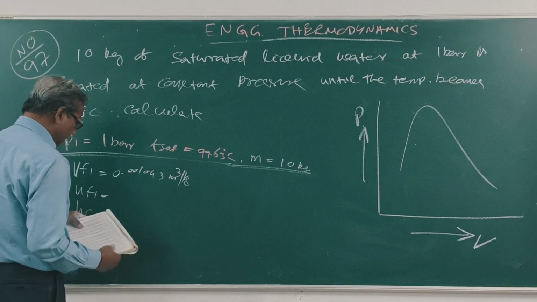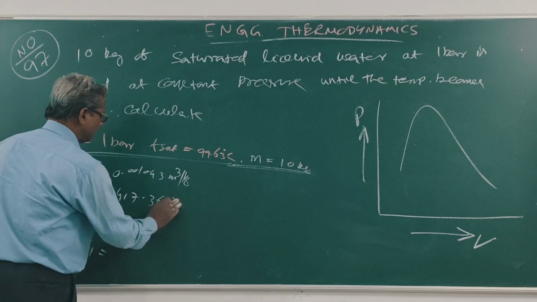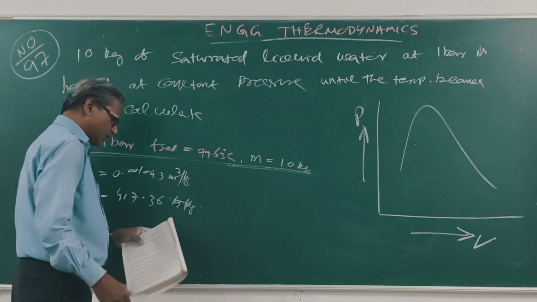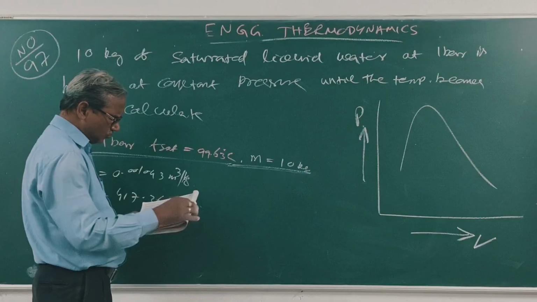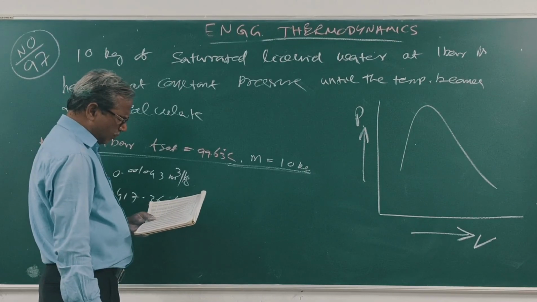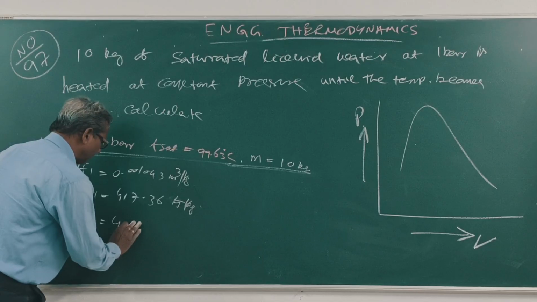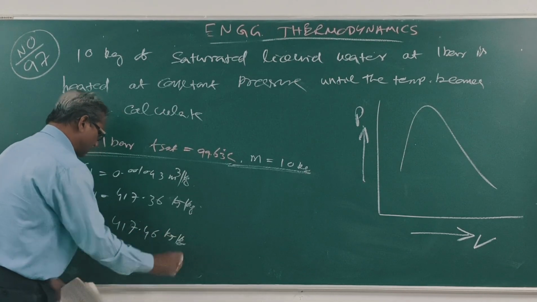Internal energy uf is equal to 417.36 kJ per kg. Enthalpy hf is equal to 417.46 kJ per kg.